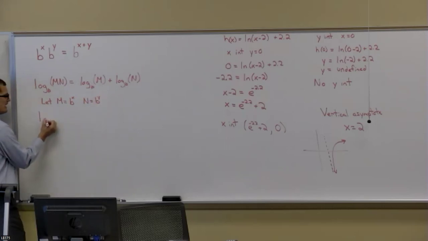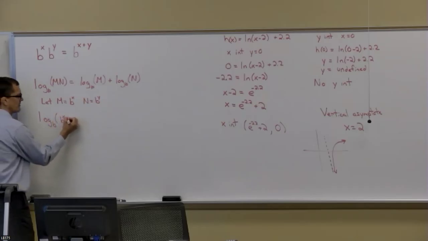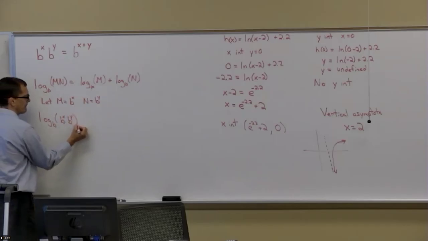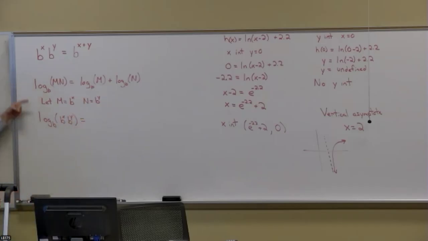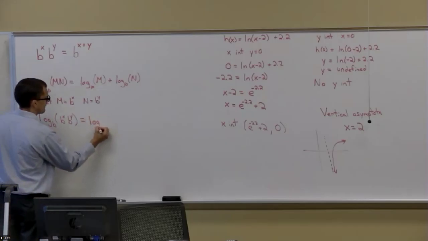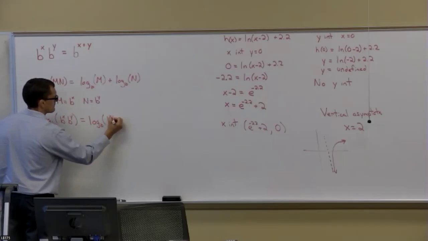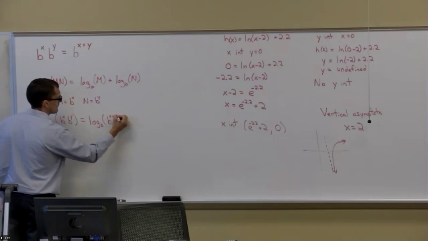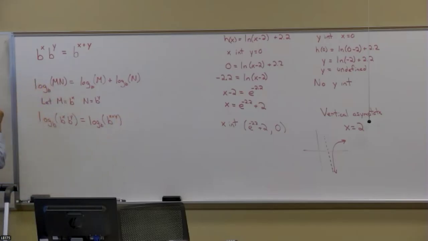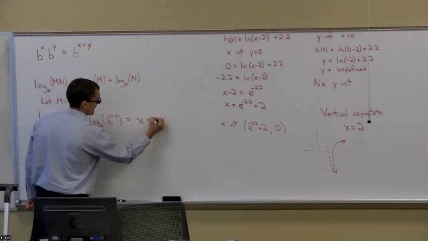What we're saying is that log base b of b to the x times b to the y, based on this rule, is log base b of b to the x plus y, right? So I'm getting x plus y.